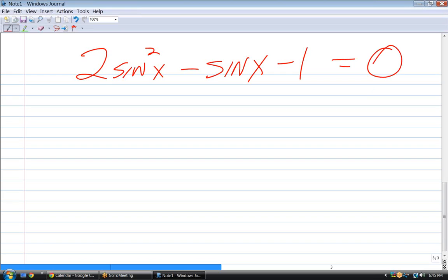Okay. What are we looking at here? Well, you have to simplify it, right? The quadratic. Yeah. So let's factor it. That's the way we solve quadratics. What goes here? What goes here?